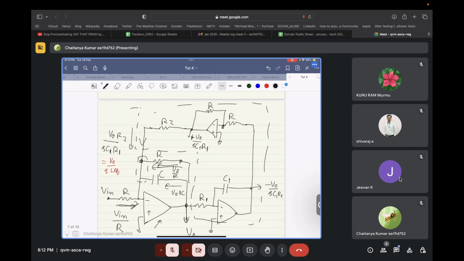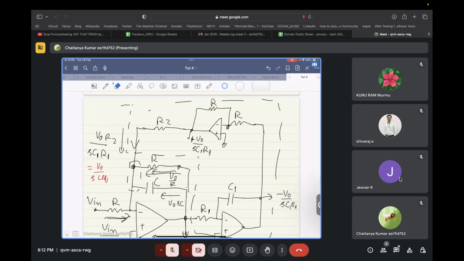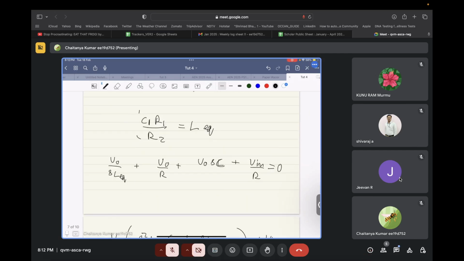Just a minute. Yeah, sorry, you wanted the current over here, right? So my bad, it's 1 by C1 R1 R2, and not C1 R1 by R2. So this is something that needed to be changed.